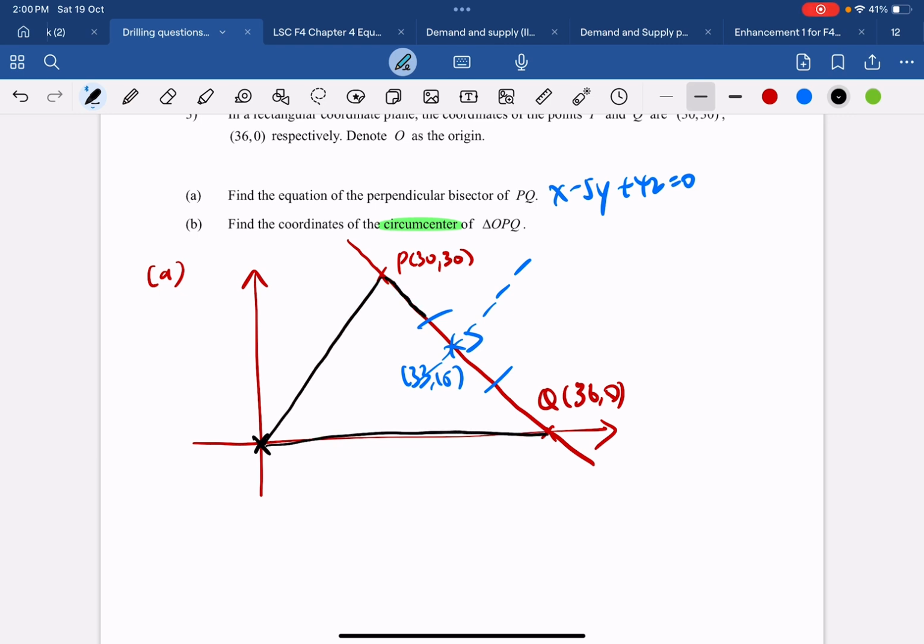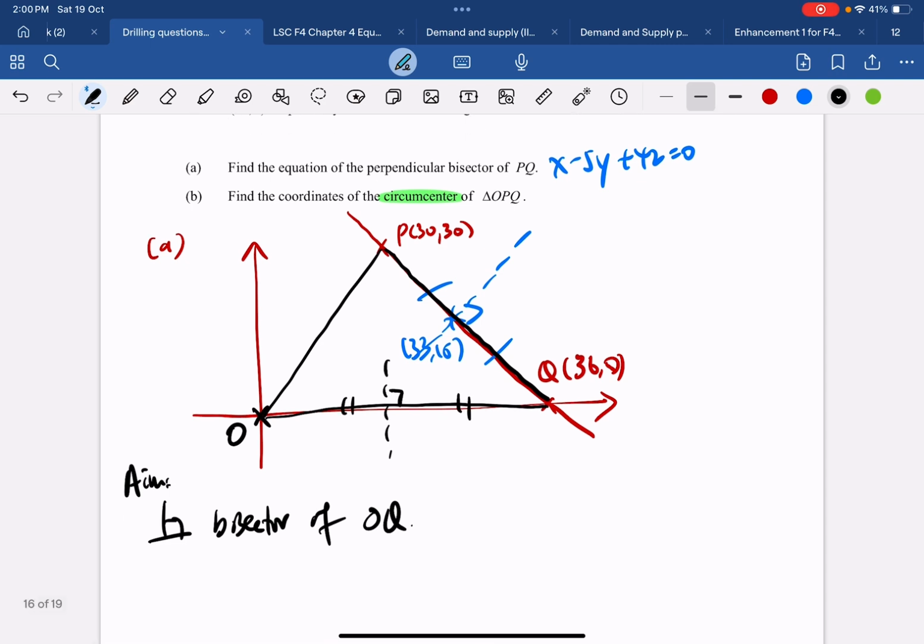We got the equation for one of the perpendicular bisectors already, so we need another one. Then we can solve for the intersection to get the circumcentre. So maybe this time we can find the equation of the perpendicular bisector of OQ. This is our aim.